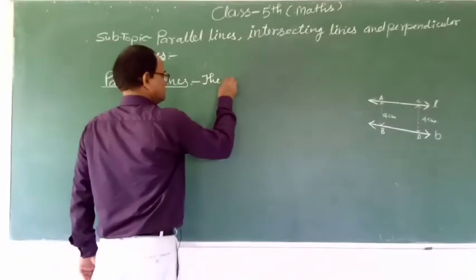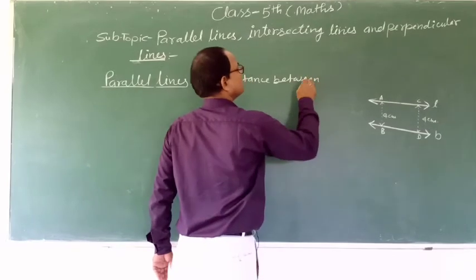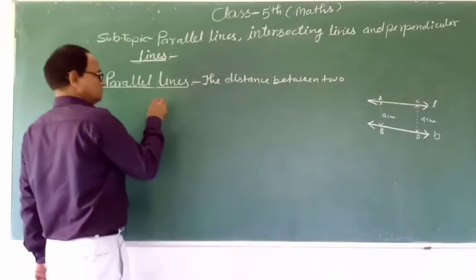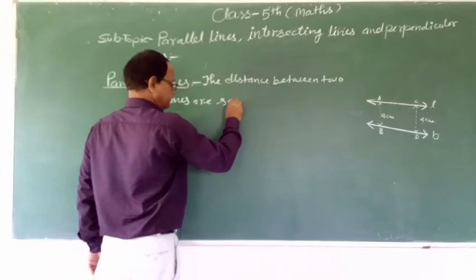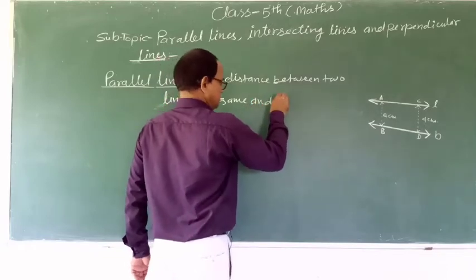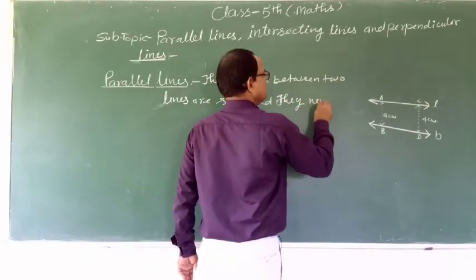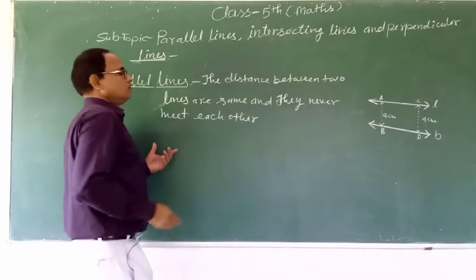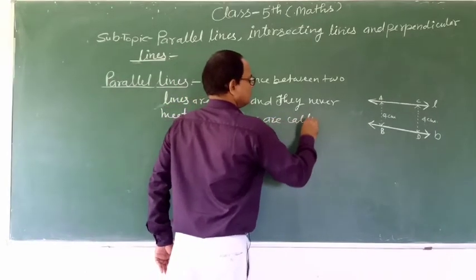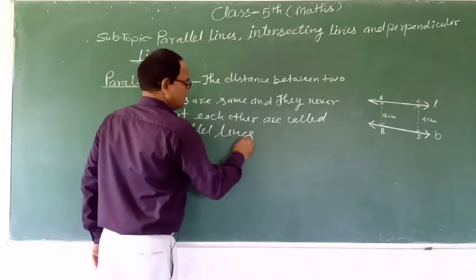The distance between two lines is the same and they never meet each other, so they are called parallel lines.